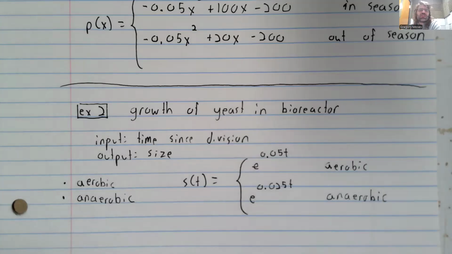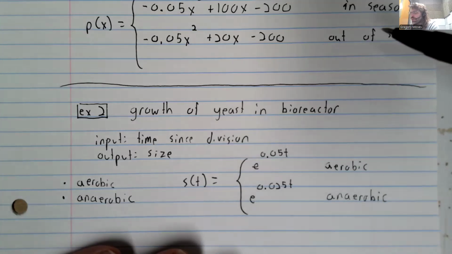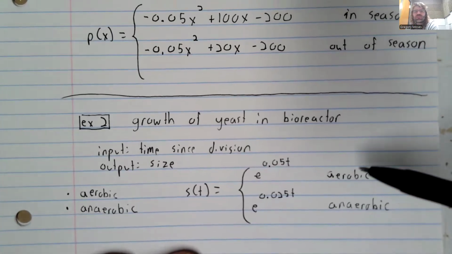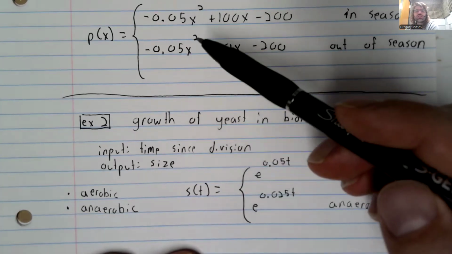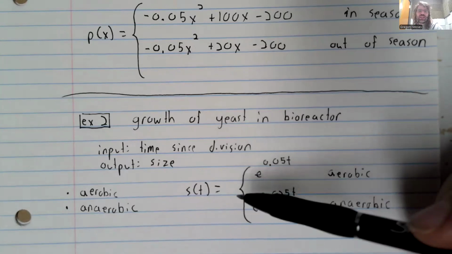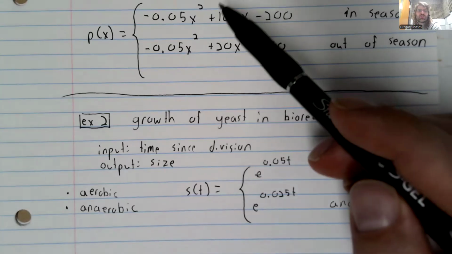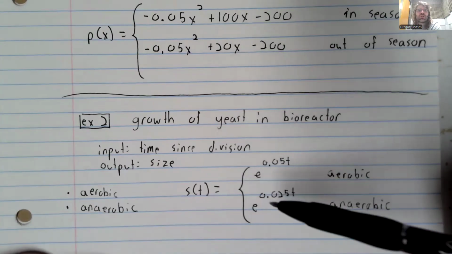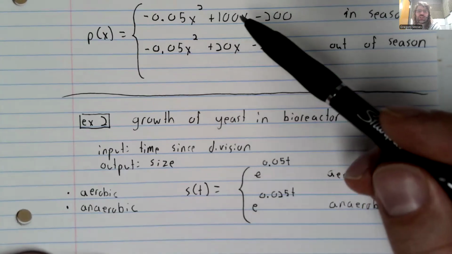Now, the way these are here, whether this is in season or out of season, whether this is aerobic or anaerobic, that's not showing up explicitly in the equations, right? I mean, there's no in-season variable or out-of-season variable.